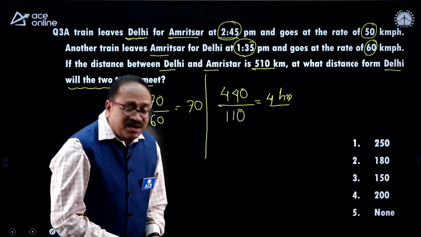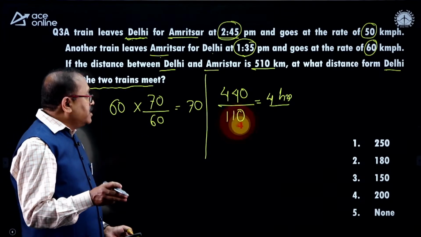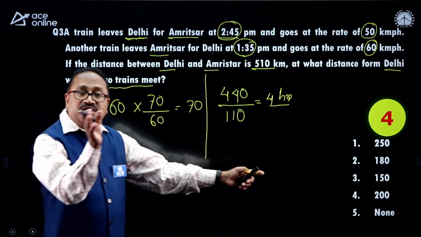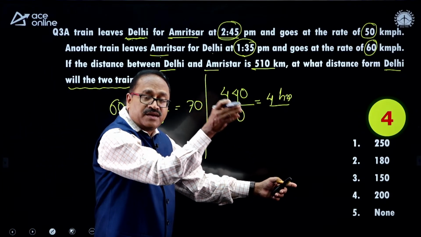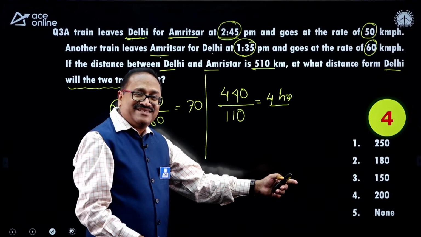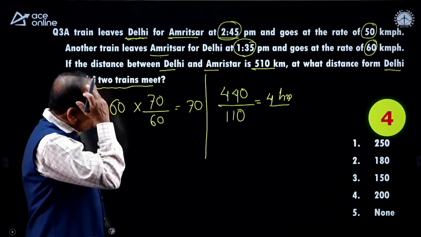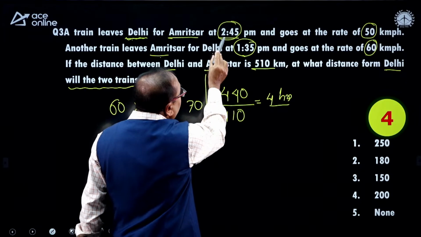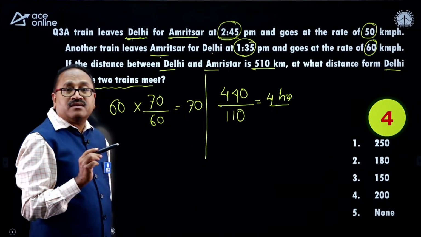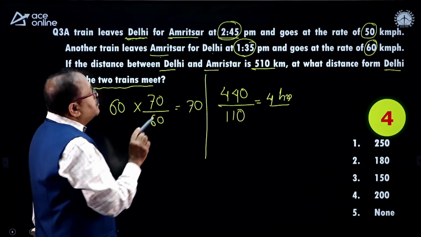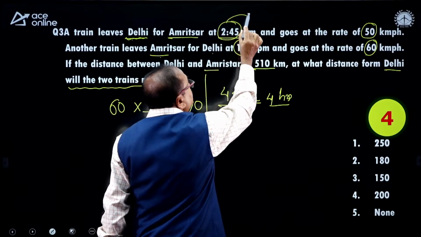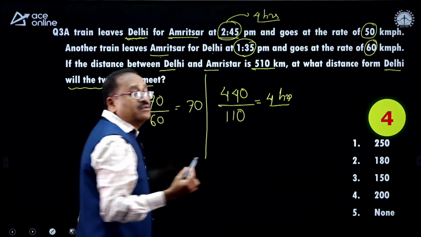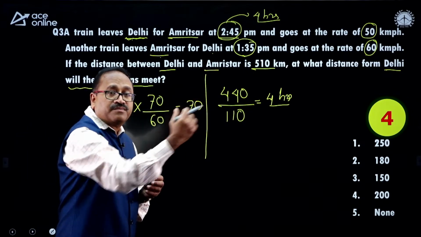Okay, time up. If you have done it, let's check if 4 is your answer. If you said 200 kilometers away from Delhi they are meeting, then it's right. Let me see here. It started at 2:45. From 2:45, it takes 4 hours traveling from Delhi.